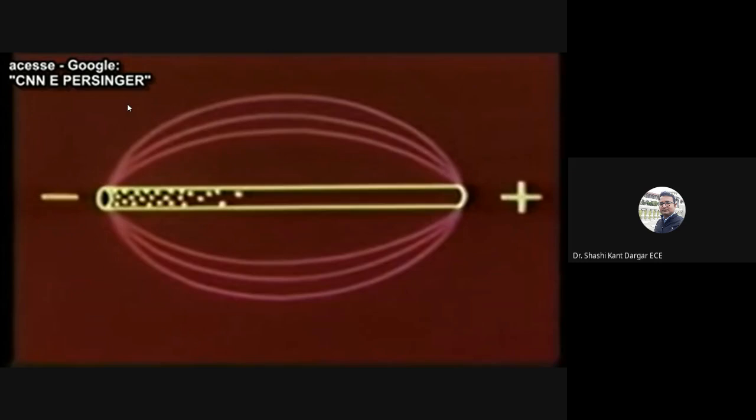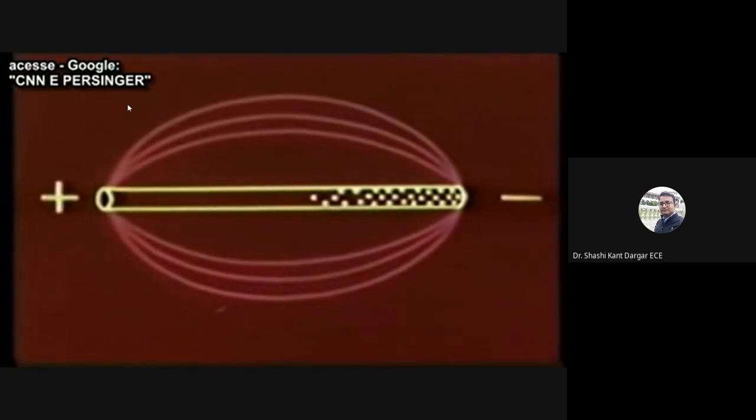When the voltage is of this polarity, the field is in this direction. When the polarity reverses, the field builds to a maximum in the opposite direction. This is known as the E field.